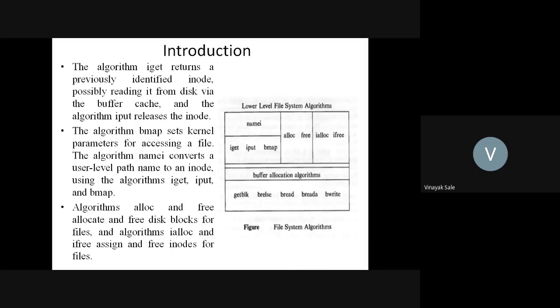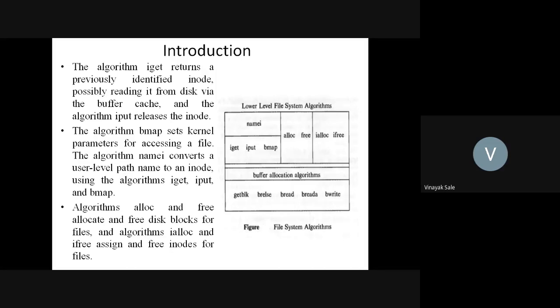The algorithm bmap sets the kernel parameters for accessing a file. The algorithm namei converts a user level path name to an inode using the algorithms IGET, IPUT, and bmap.